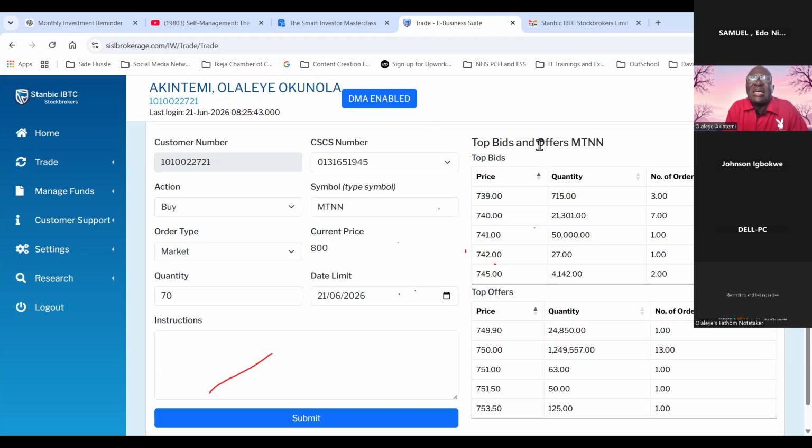Datamax is a registrar, and the regulatory body for the registrar, the stockbroker, and all those organizations that operate within the stock market is the SEC, the Securities and Exchange Commission.